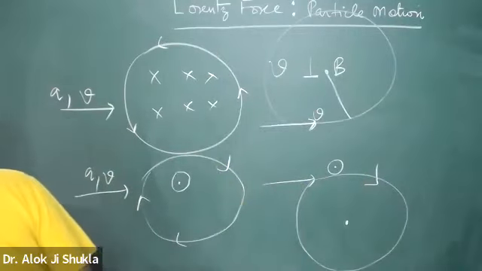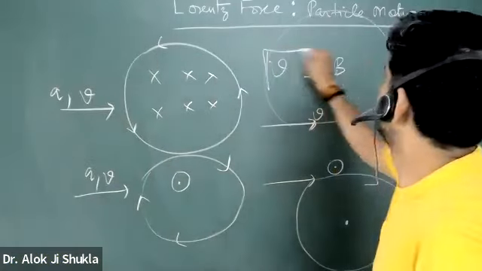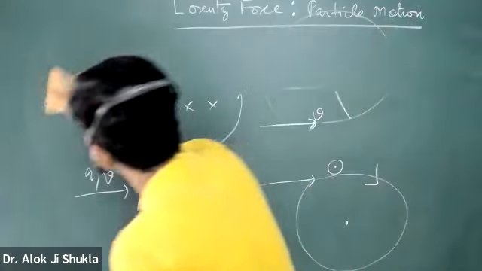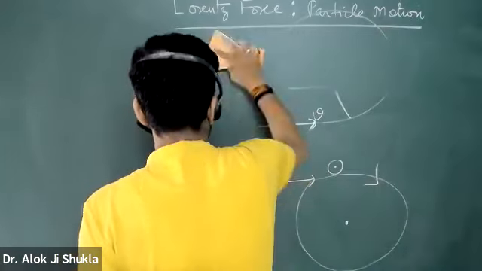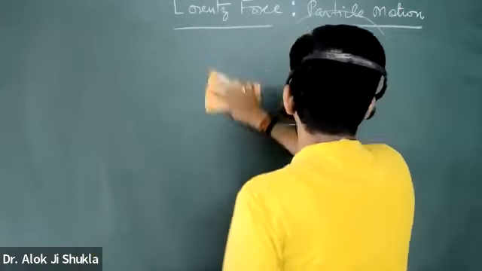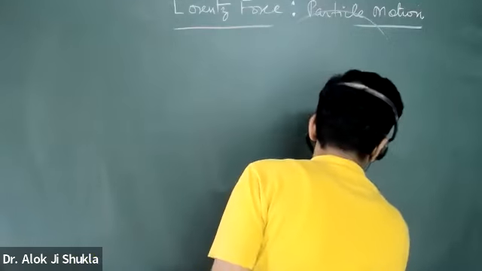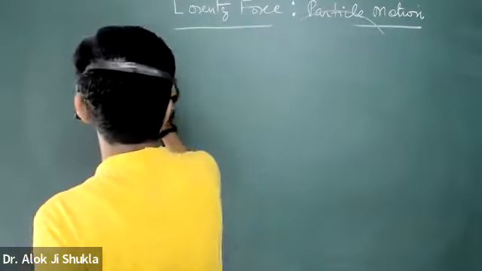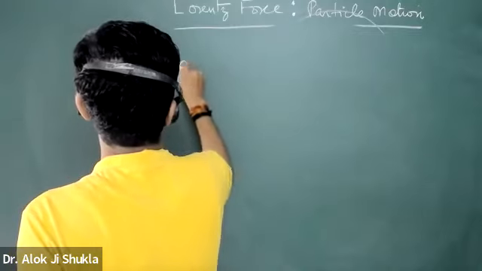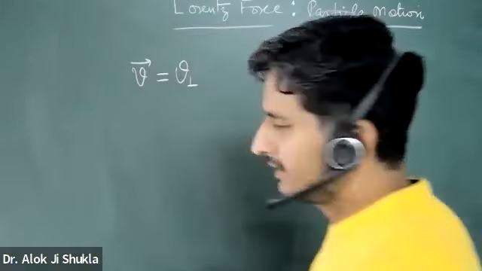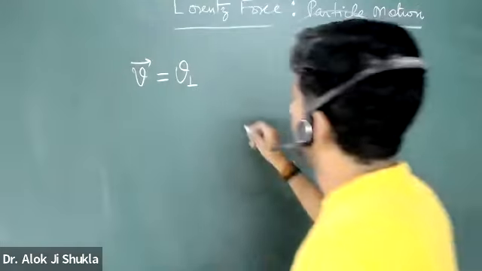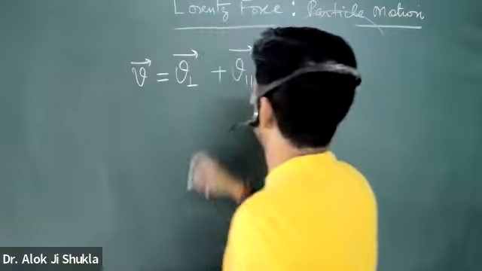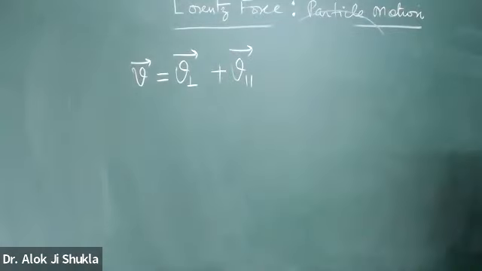So this is when velocity is perpendicular. अब मान लो क्या हो रहा है कि वेलोसिटी का जो एंट्री है वो परपेंडिकुलर नहीं है. ध्यान से समझना इस बात को. तो सपोज जो वेलोसिटी है उसमें एक कंपोनेंट तो है V perpendicular, which is perpendicular to the magnetic field, and another component is V parallel, which is parallel to the magnetic field.